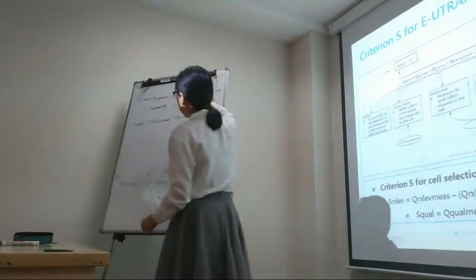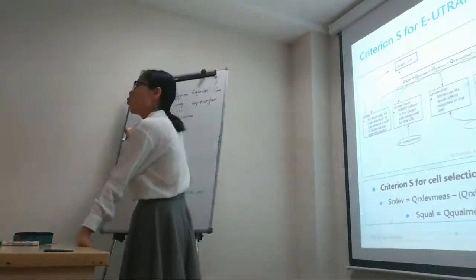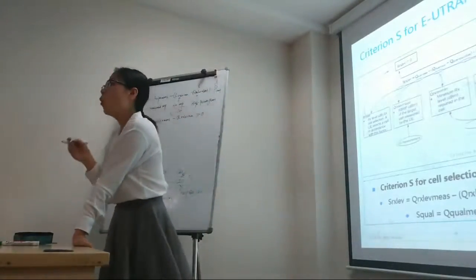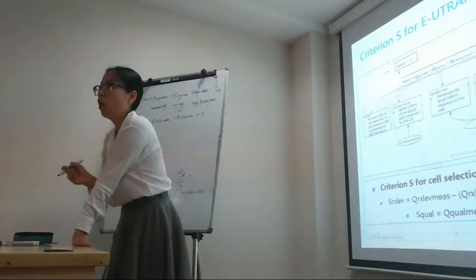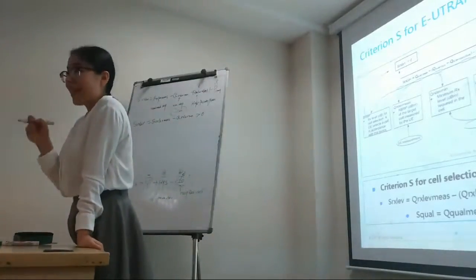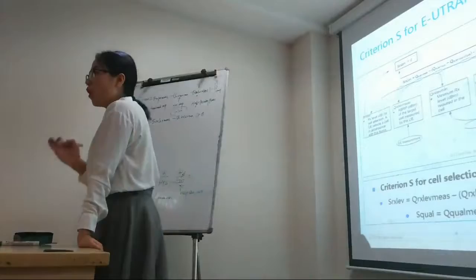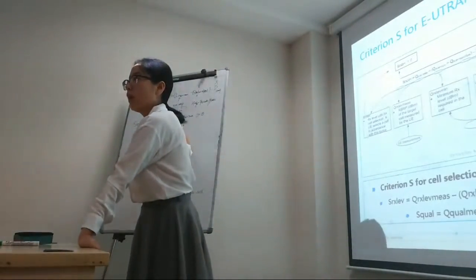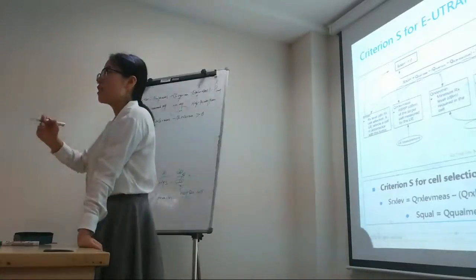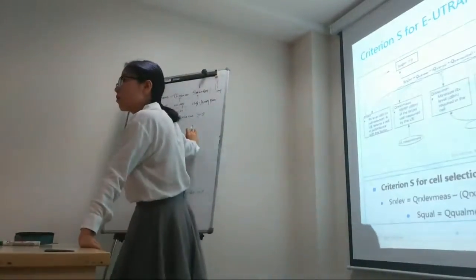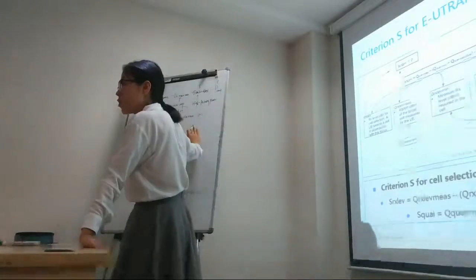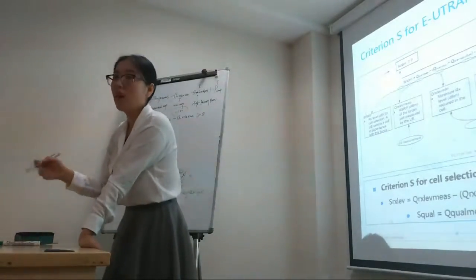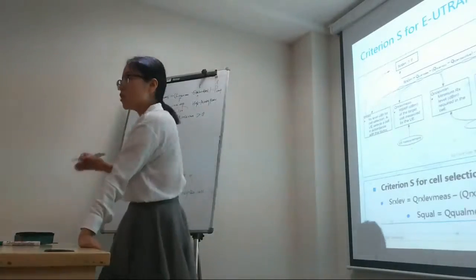We think this is 0. So if this value is greater than 0, we can select the cell. So all the reselection cells should first meet the cell selection criterion. If it cannot meet the cell selection, even if it meets the cell reselection, we cannot reselect it. So this is the basic.